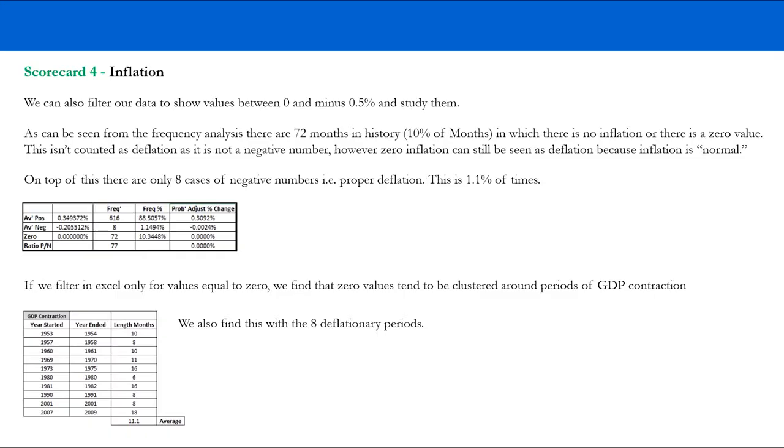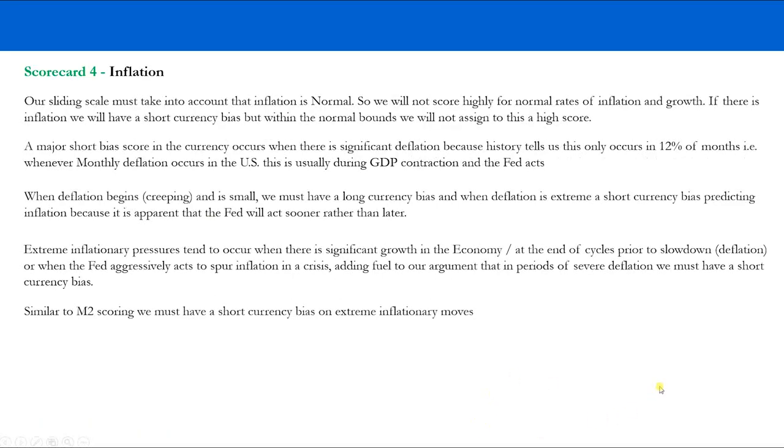So we can take all of this information and begin to scorecard, as we have done in previous videos. The sliding scale has to really take into account that inflation is normal, and more normal when excluding food and energy than including it.